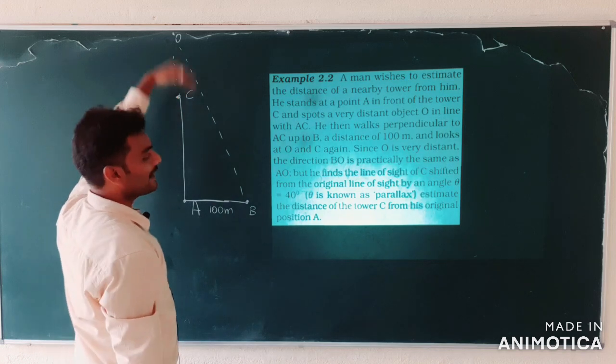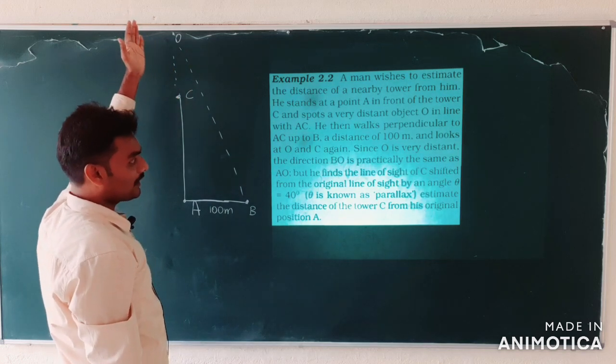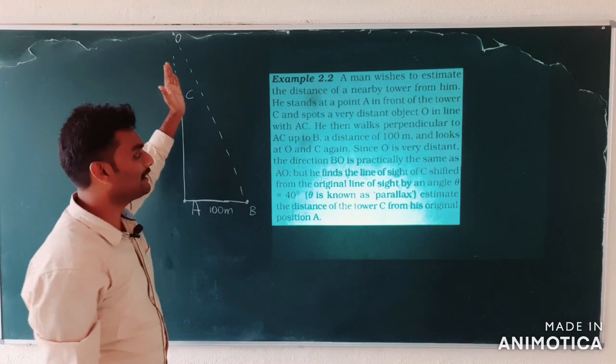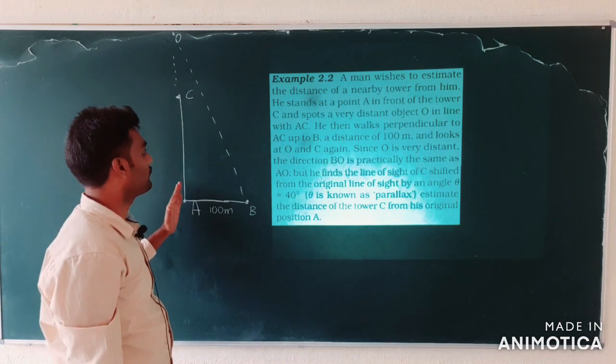Since O is a very distinct object, the direction of BO is practically the same as AO.